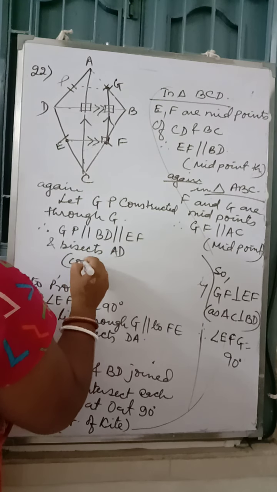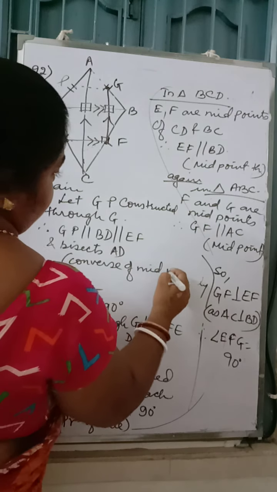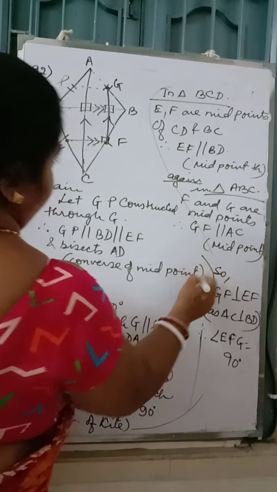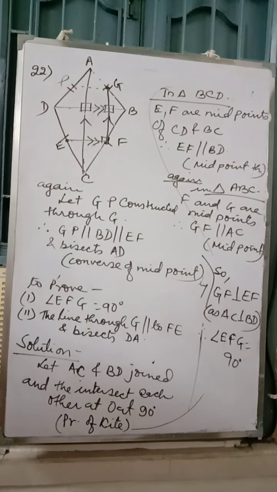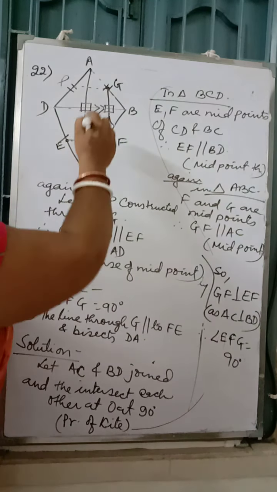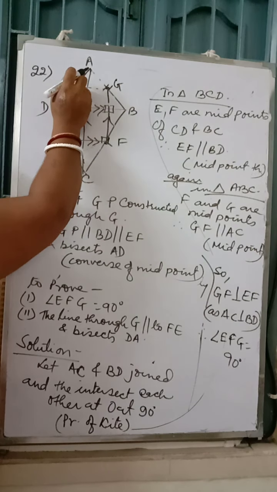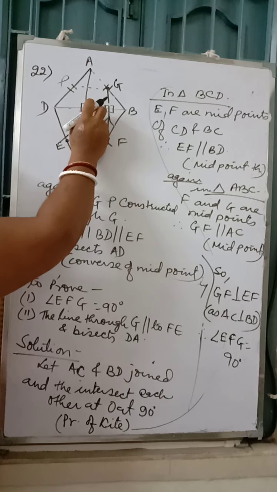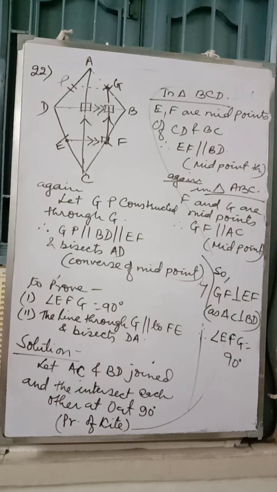Why? According to the converse of midpoint theorem, a line constructed from the midpoint parallel to the second side bisects the third side. So if it is parallel to BD, it would be parallel to EF. That is proved. So question number 22 is also done.